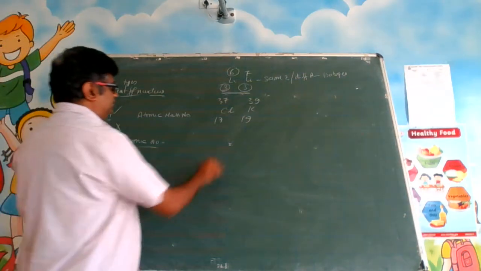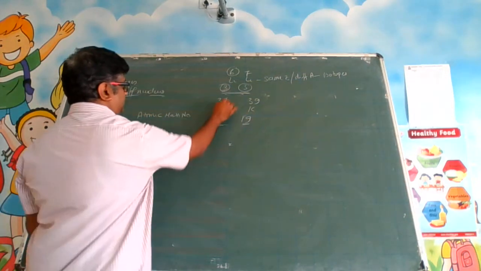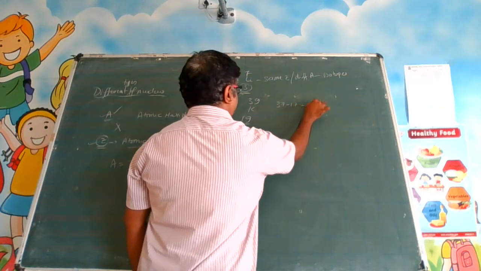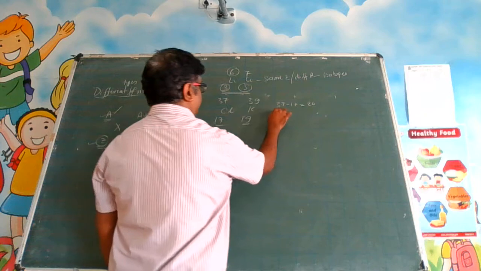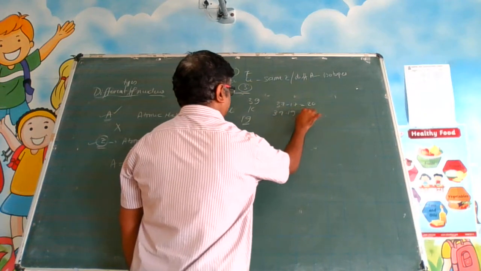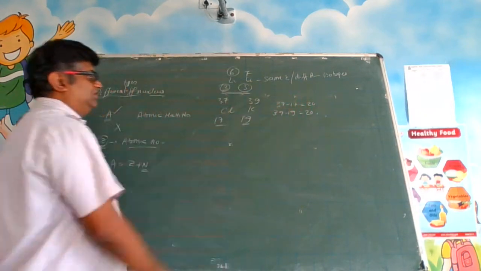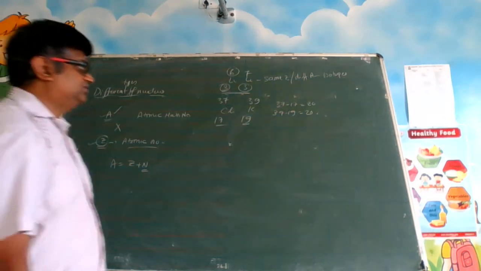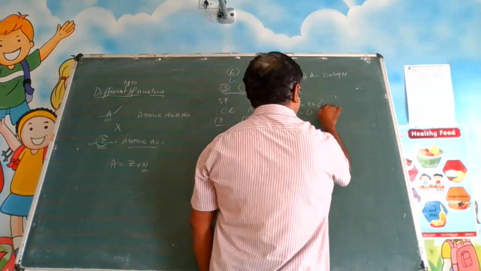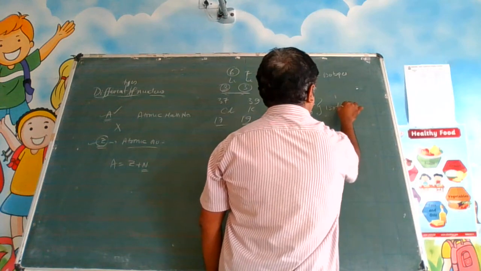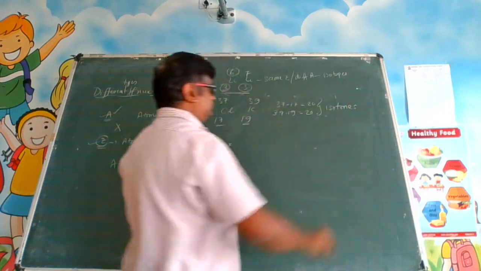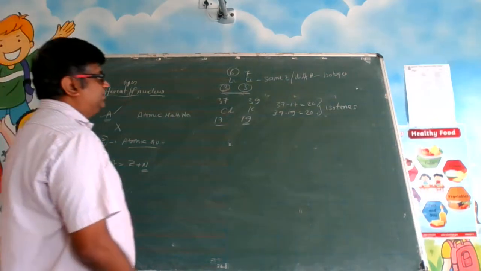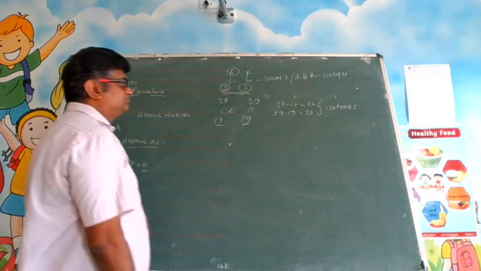If you observe here, Z is not same, but you take the difference, 37 minus 17 is 20, 39 minus 19 it is 20, both are same. So the number of neutrons are same. Okay, the number of neutrons are same. Now these types are called isotones. Okay, so now you understood the difference between isotopes and isotones.